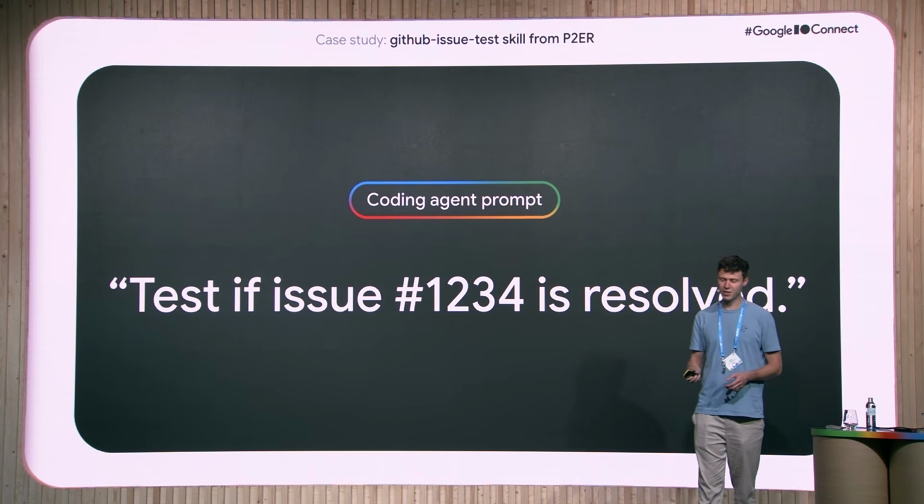This GitHub issue test skill is invoked whenever an engineer at Pear prompts their coding agent with something like: test if issue 1234 is resolved. The actual written skill is pretty detailed with over 120 lines, and I don't want to read them all to you from stage.